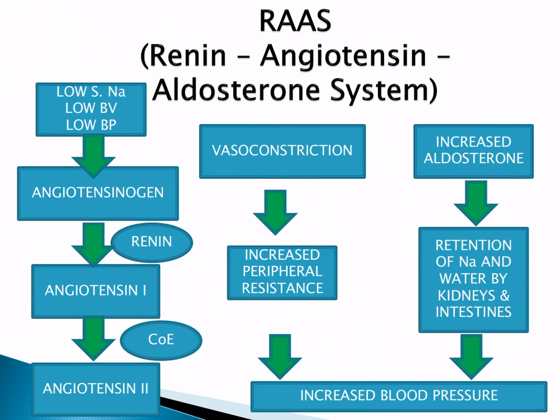So the RAAS, or the renin-angiotensin-aldosterone system. This is a simple and understandable way of discussing your RAAS. First, the patient experiences low serum sodium. The patient experiences low blood volume, and the patient also experiences low blood pressure.